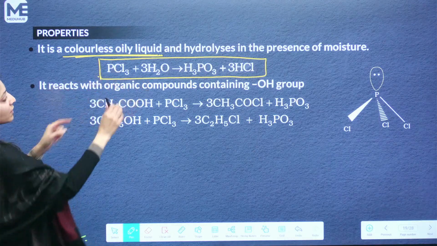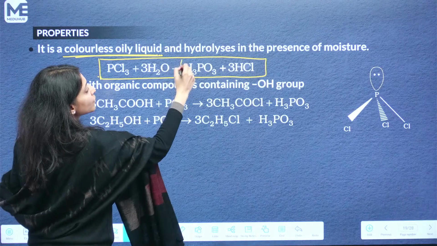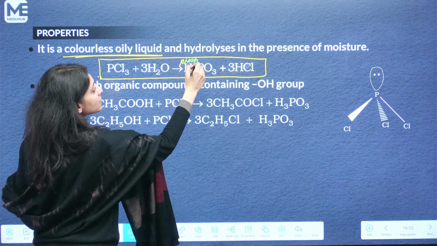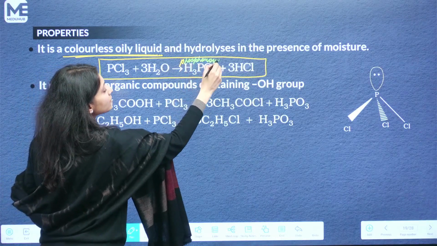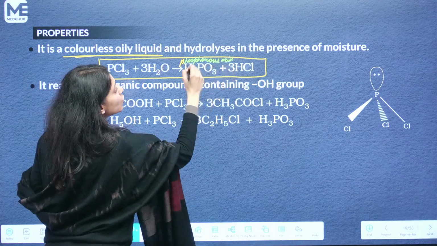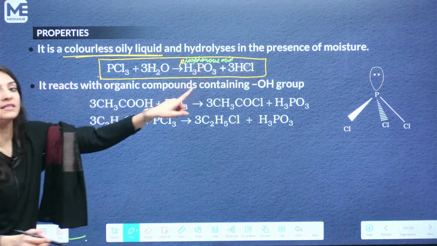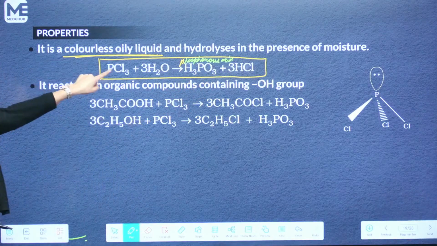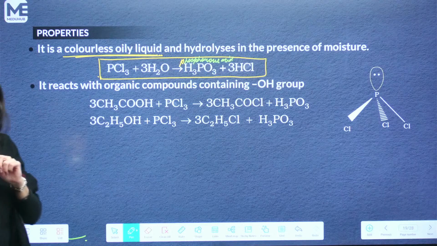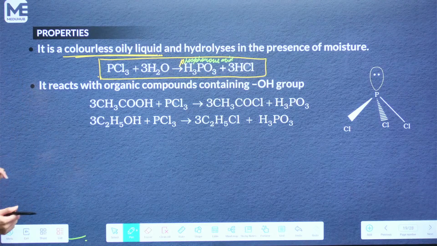PCl3 reacting with water gives us phosphorus acid, H3PO3, and HCl. So these are the products of PCl3 on hydrolysis. We'll contrast them with the products of PCl5 on hydrolysis.